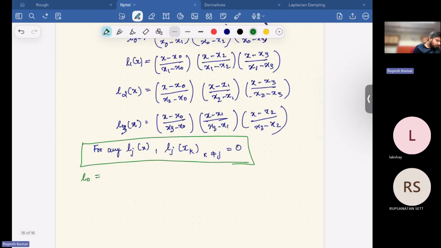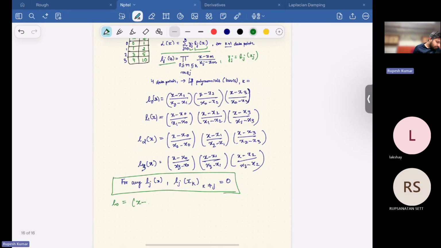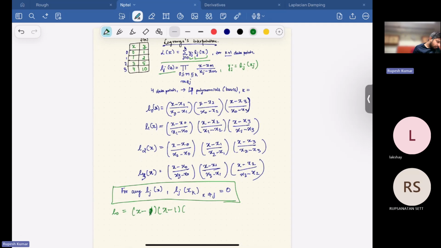L0, the zeroth polynomial, is x minus x1 (x minus 1), x minus x2 (x minus 3), x minus 4, divided by the numerical values: x0 minus x1, which is minus 1, into x0 minus x2, which is minus 3, and then minus 4.